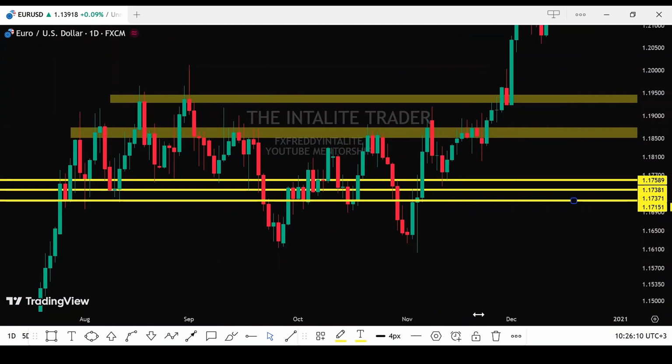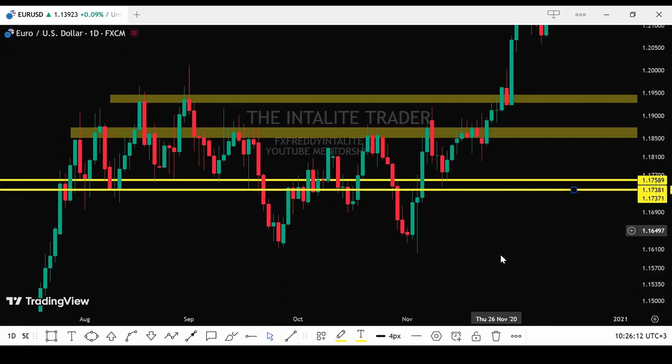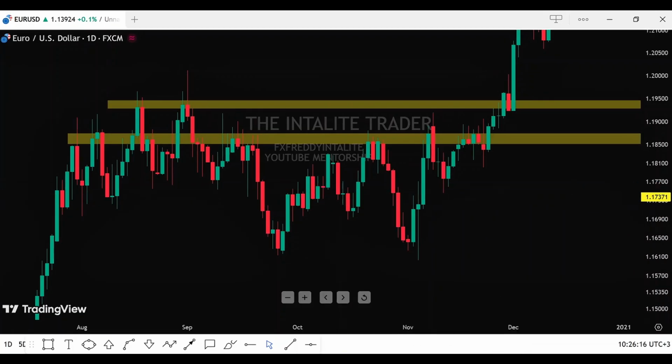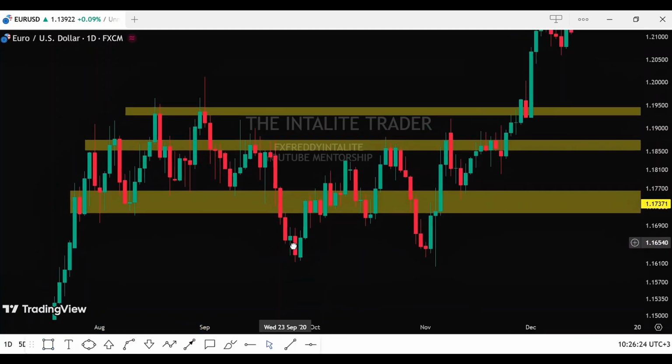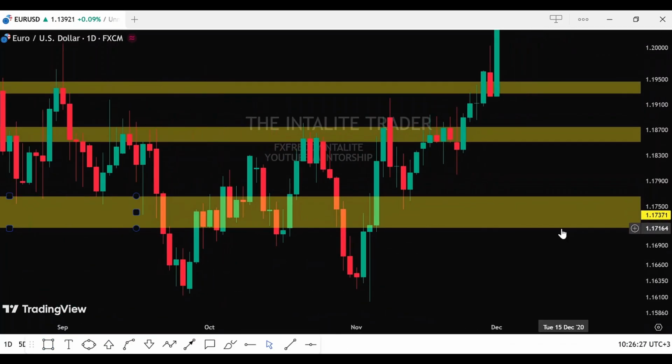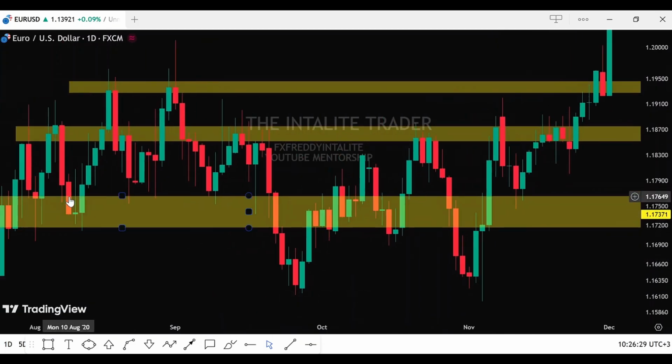So what you do, you delete these lines, and then you draw one wide zone here. So you will be looking for price action that comes into the level, and then you observe.